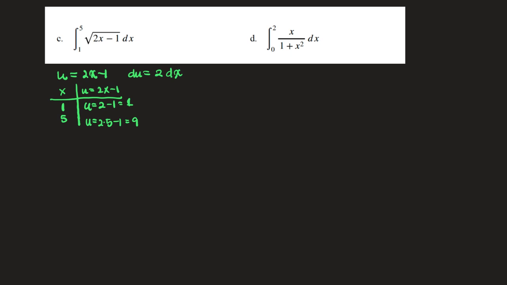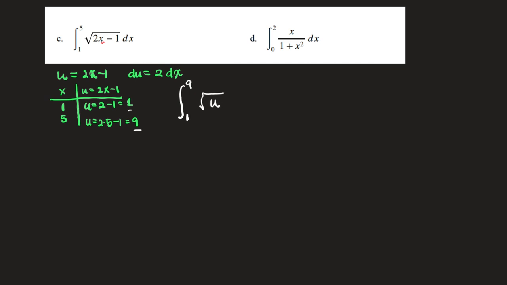Guys, take your time. Now, you change this integral. The boundary is 1 and 9. u equals 2x minus 1, square root of u.